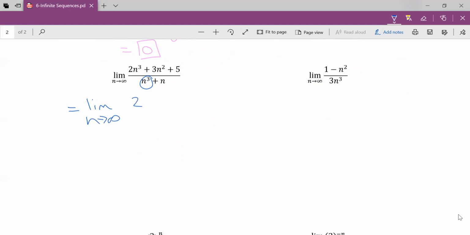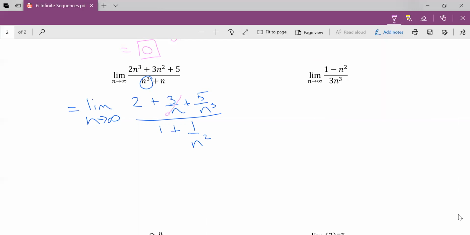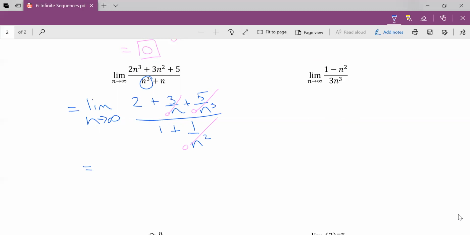So when we do that, we're going to get 2 plus 3 over n plus 5 over n cubed, over 1 plus 1 over n squared. And then as n goes to infinity, that'll go to 0, that'll go to 0, that'll go to 0. What do we have left? Just 2 over 1, which is 2.